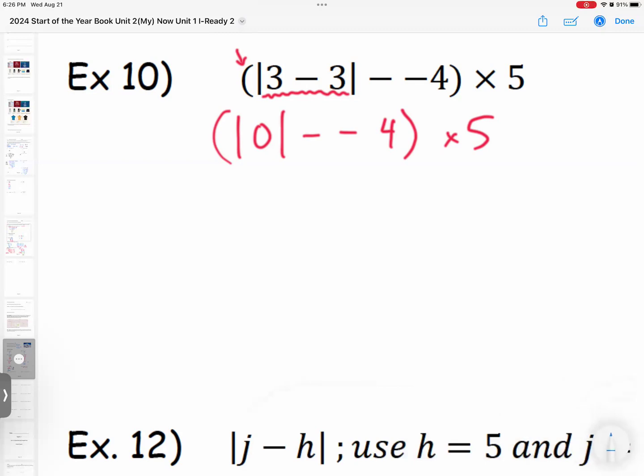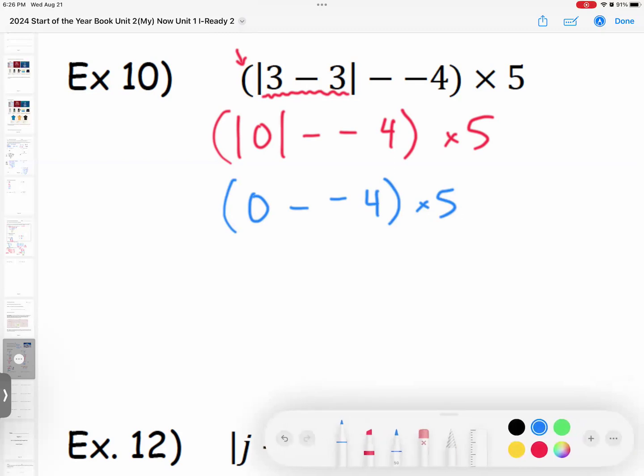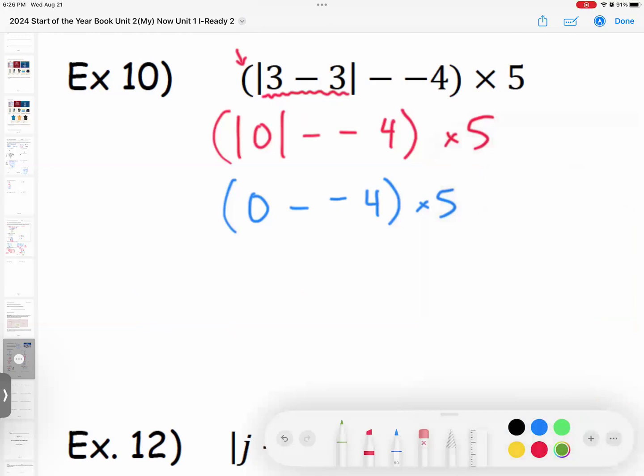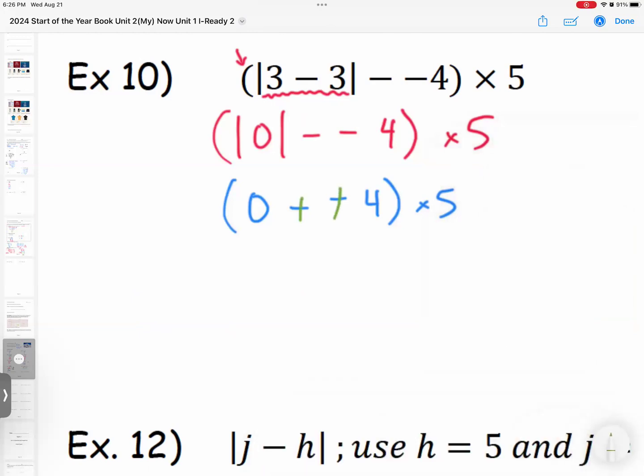Now, the absolute value of 0 is just 0. And now inside that grouping, I have 0 minus -4. Well, anytime we're subtracting a negative, we're really adding a positive. So 0 plus 4 comes out to be 4 in that grouping. And then finally, we end up with 4 times 5, just normal 4 times 5, which is 20 in the end.